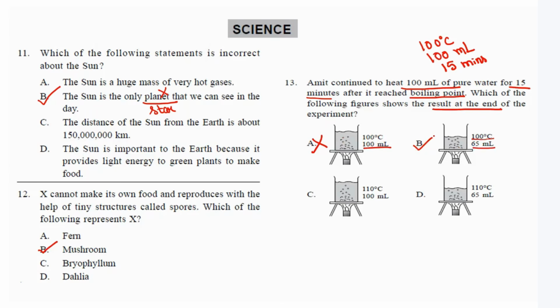So this is the correct answer. Why? Because when the water has reached its boiling point, that is 100 degrees, and we are boiling it for 15 minutes, definitely some amount of water will get vaporized, and the amount of water will decrease. So it will be 65 ml. So the correct answer is option number B.